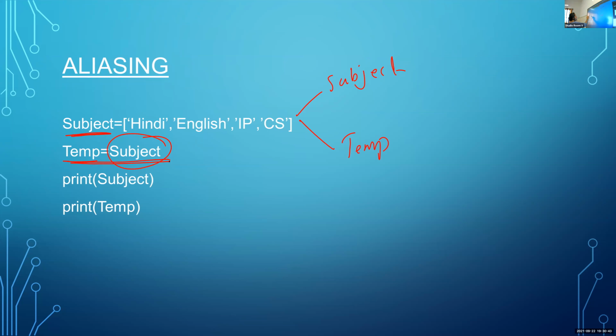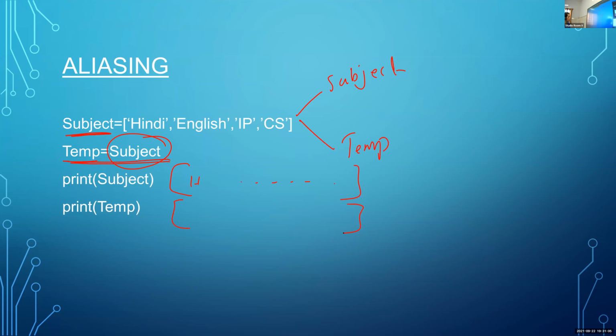So for this list, two names are there, subject and temp. If I print subject, the result is Hindi, English, IP, CS. If I print temp, the result is the same, Hindi, English, IP and CS. Write the output here.